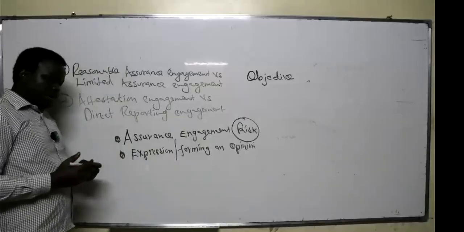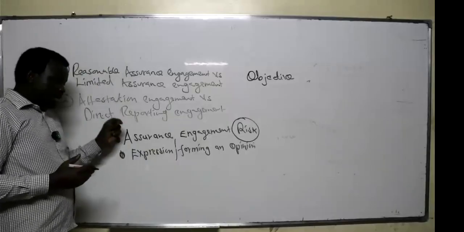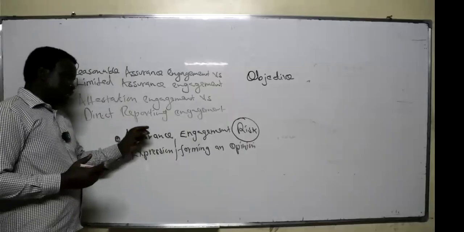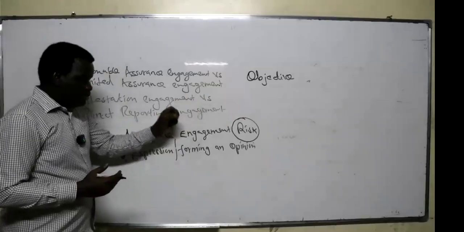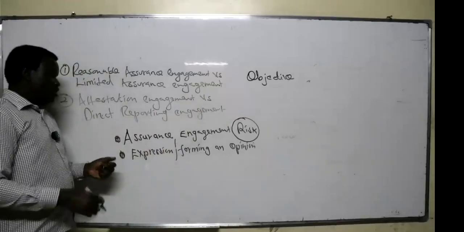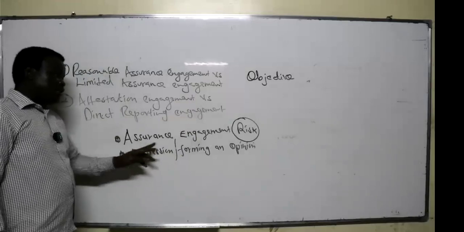That aspect whereby the practitioner provides an inappropriate opinion of the subject matter, whenever it's materially misstated, we refer to it as an assurance engagement risk.